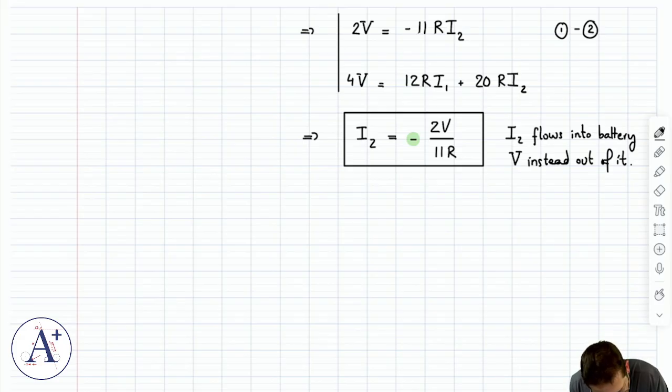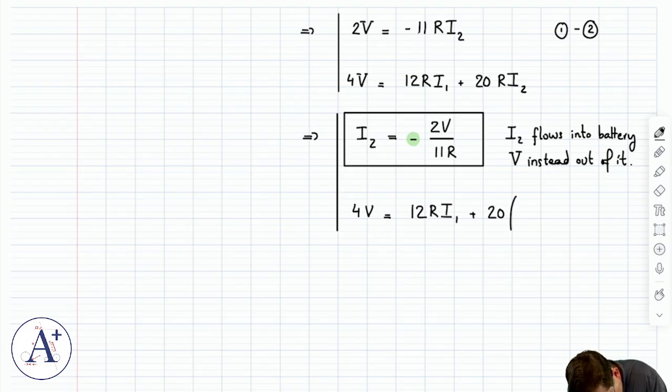Okay, so that was the first equation, which gave me I2. The second equation is now 4V is equal to 12R I1, which I still don't know, plus 20R times I2, which is minus 2V over 11R.